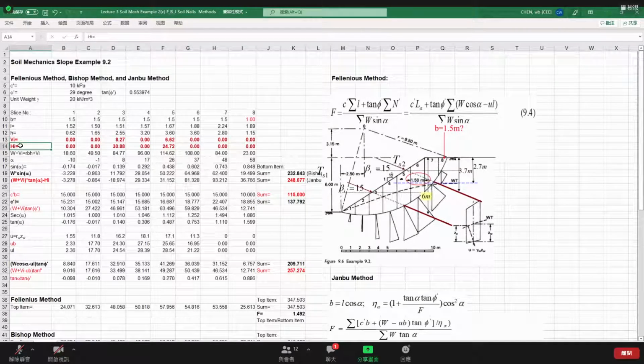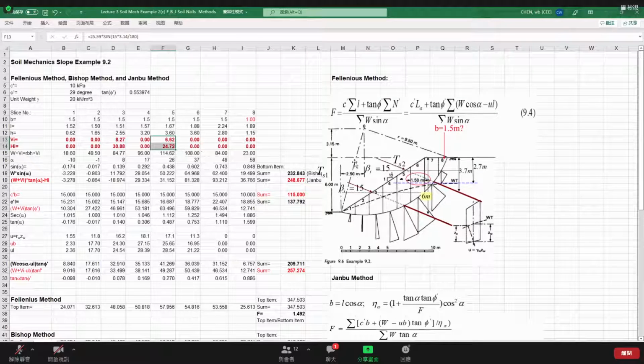This is the decomposed force of the soil nail along the vertical and horizontal direction, right? For the third slice, we have one soil nail, and for the fifth slice, we have another soil nail. So the soil nail only takes effect on these two slices. No force on the remaining slices, you can see, right?